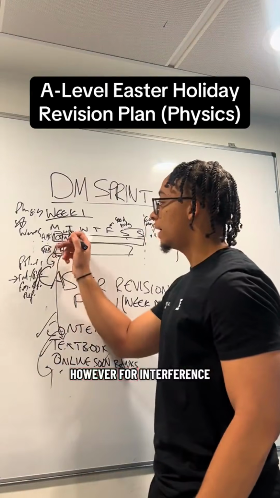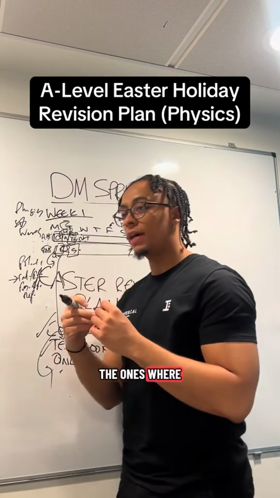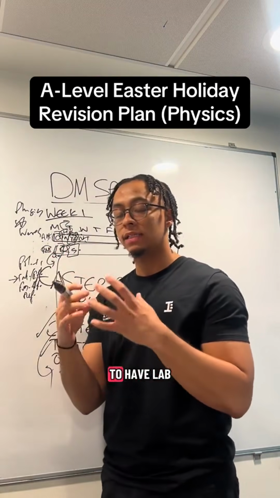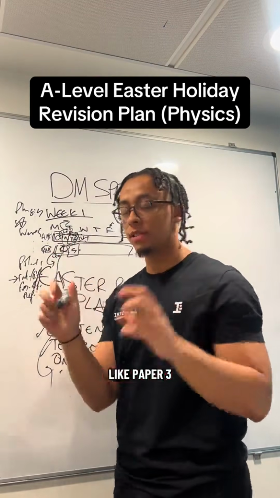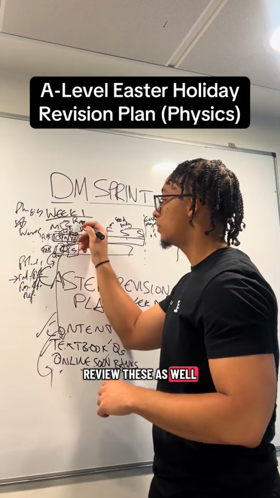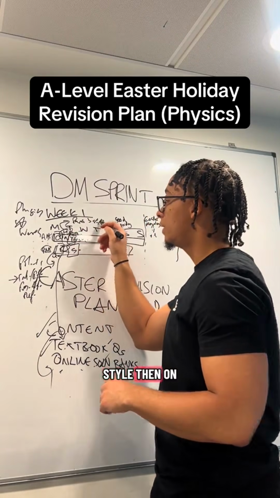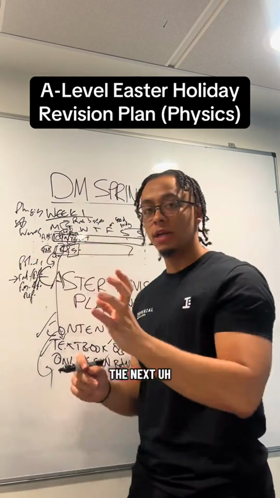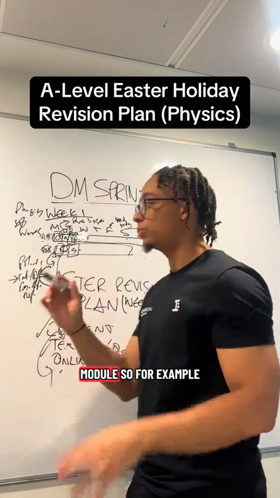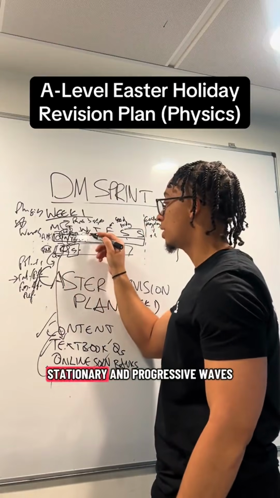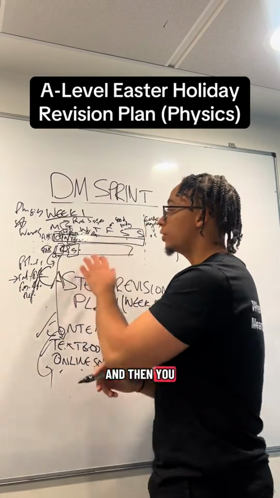However, for interference and diffraction, the ones where they are more likely to have lab-based questions like paper 3 style, I would review these as well. So paper 3 style. Then on the Wednesday, I would just move on to the next chapter in that module. So for example, it could be stationary and progressive waves. And then you repeat.